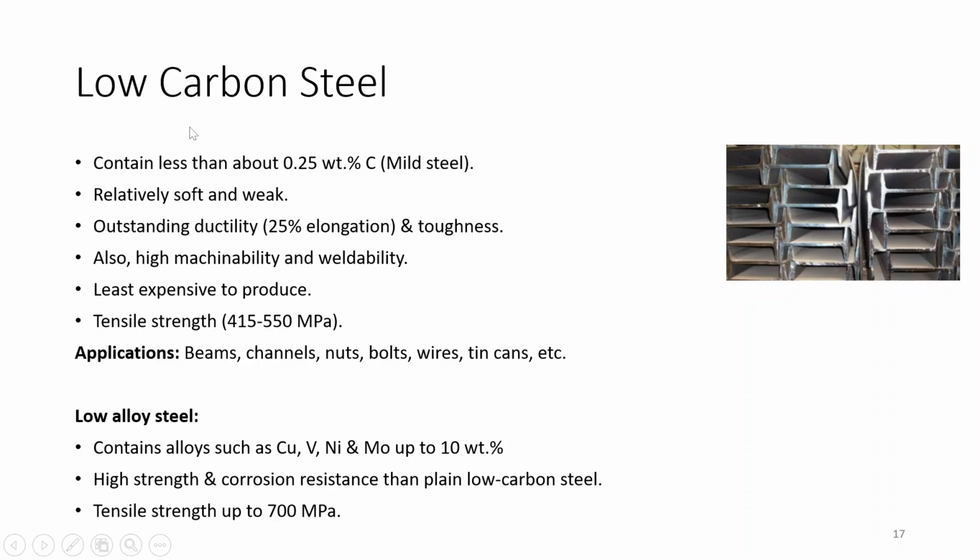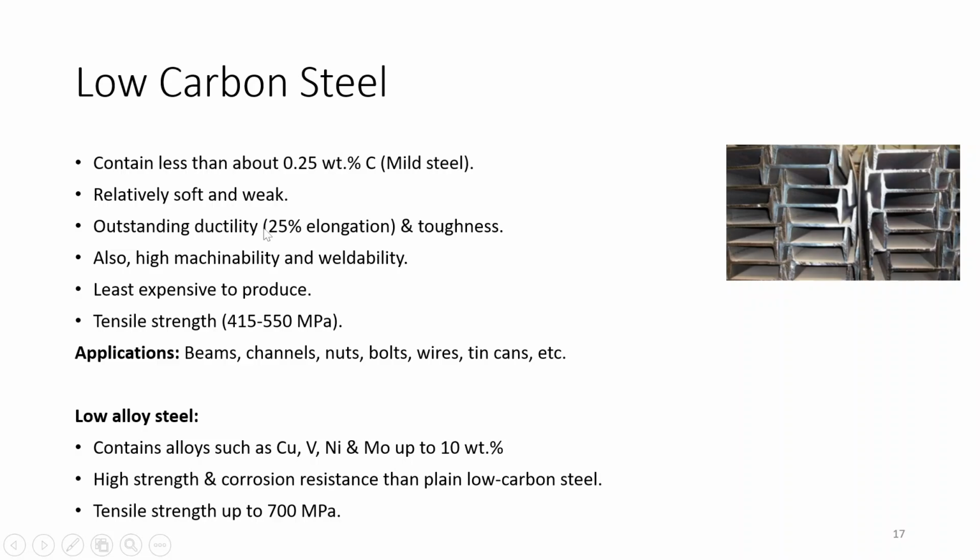Firstly, we have low carbon steel. It contains less than about 0.25% carbon, like mild steel, and it's relatively soft and weak, and it has outstanding ductility. Because it has a very low carbon weight percent, it doesn't have that much strength, so it will be ductile, and it can be easily made into sheets and thin wires.